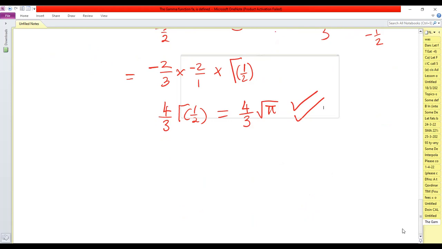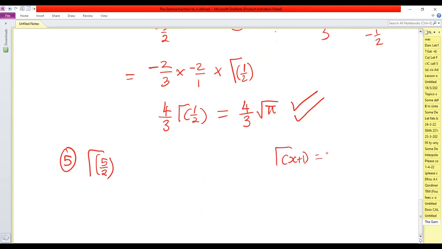And then number 5 was to find the value of gamma of 5 over 2. So we know the fact that gamma of x plus 1 is x gamma of x. So then 5 over 2 can be written as 3 over 2 plus 1.